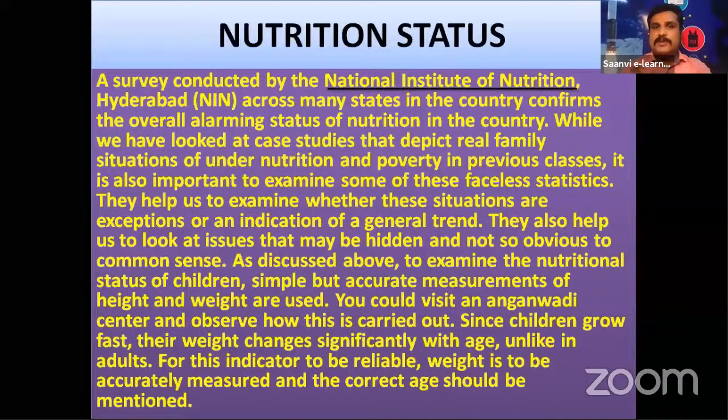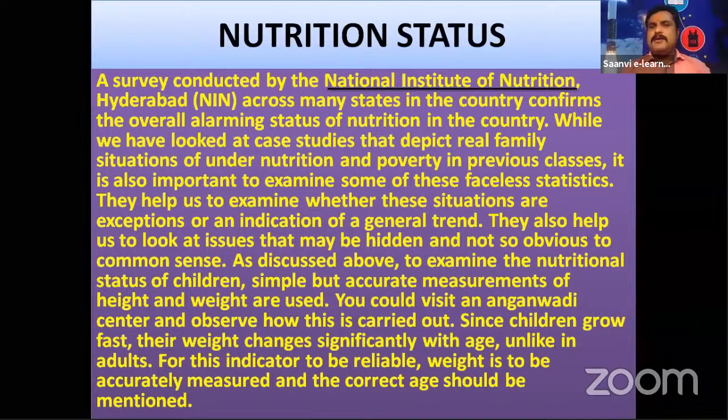I have told you. So first is, while we have looked at case studies that depict real. What do you mean by depict? Shows. Okay, so real family situation of undernutrition. It means lack of nutrition level and poverty in previous classes or previous sessions. It is also important to examine the faceless statistics. What is statistics?